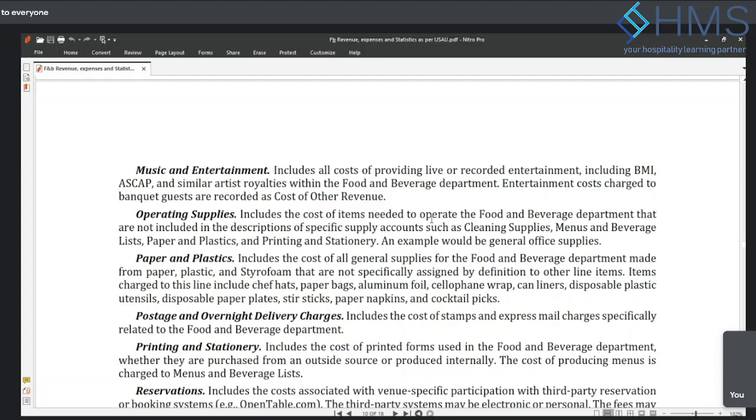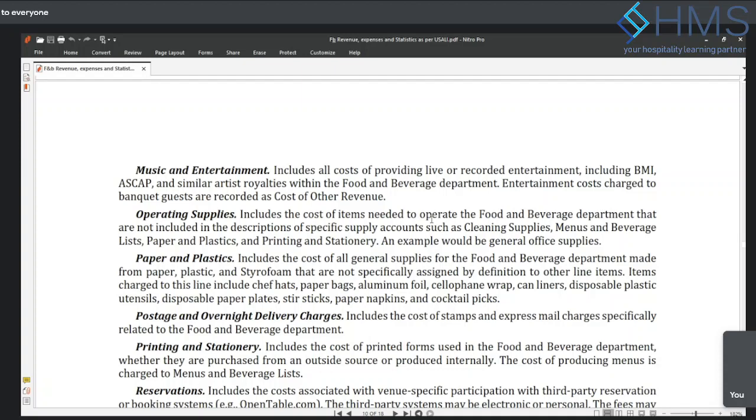Then you have plastic and paper, which is usually your disposable plastic utensils, paper cups, or anything else that you use as a cover, or even aluminum bags, cellulose wraps, everything which you use as a consumable in either service or production, both.